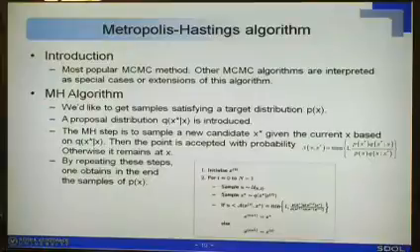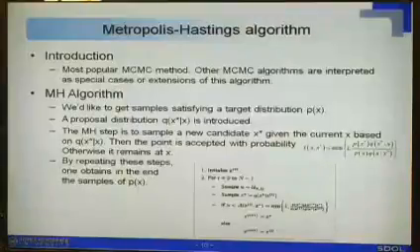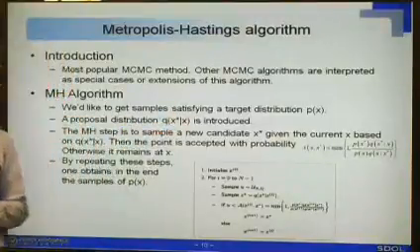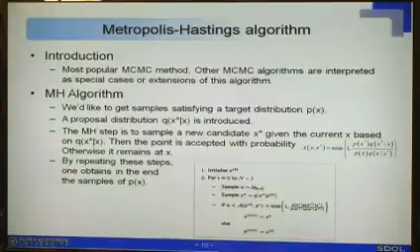In this way, we add more and more samples. And in the end, a large number of samples will be obtained. And that will represent the target distribution, P(x). So I think that the algorithm itself is not that difficult. Based on this, if one has a little ability to write code in Matlab, they can implement this easily.